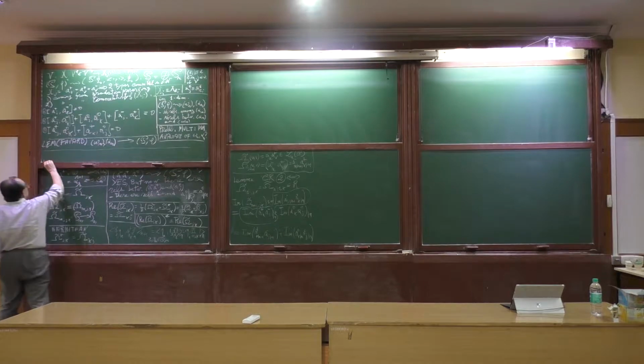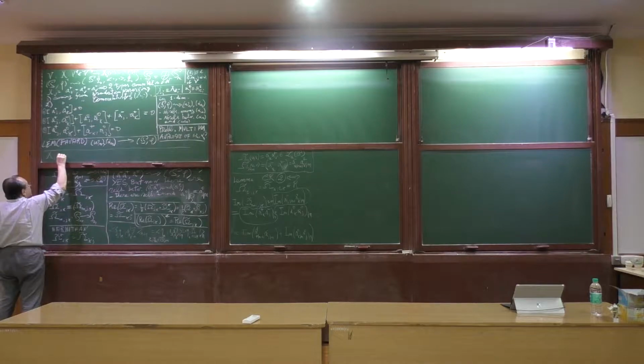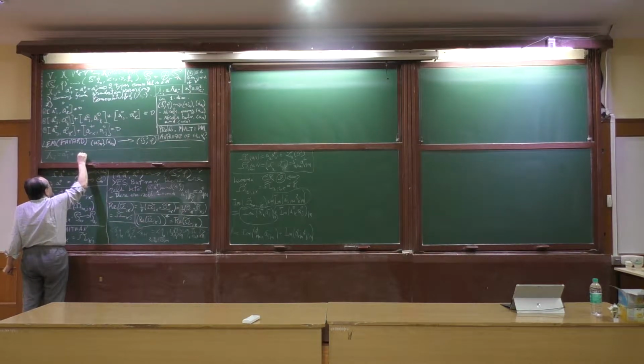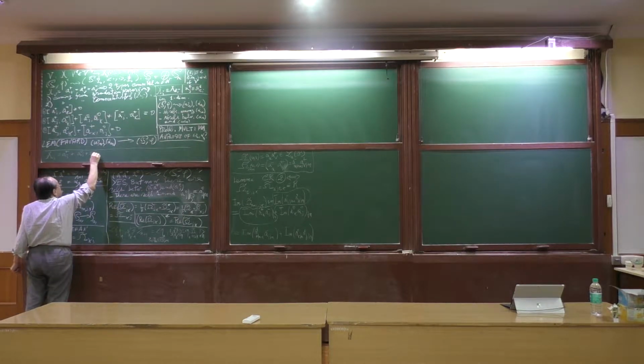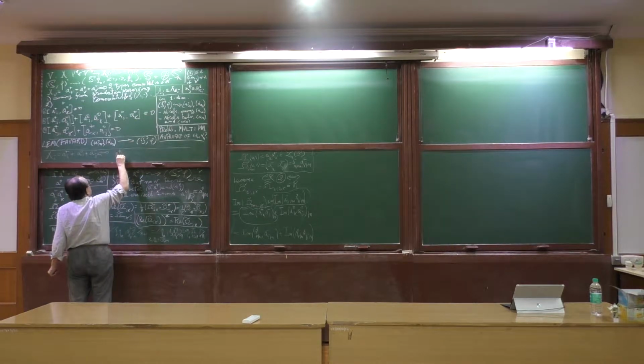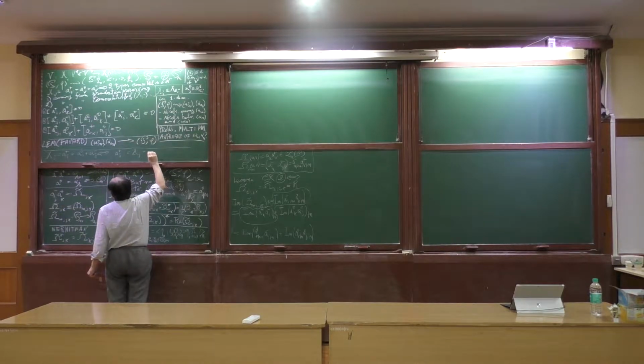From the quantum decomposition, I know that for every j, x_j is equal to a dagger j plus a zero j plus a minus j, and I rewrite this as a dagger j equal to x_j minus a zero j minus a minus j.